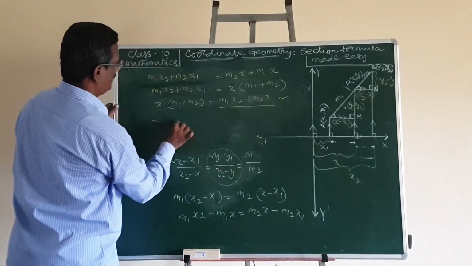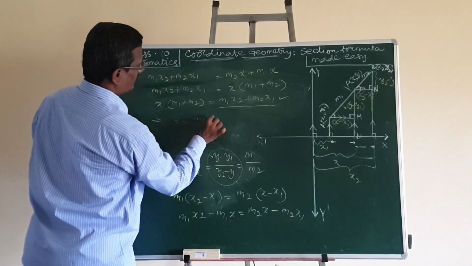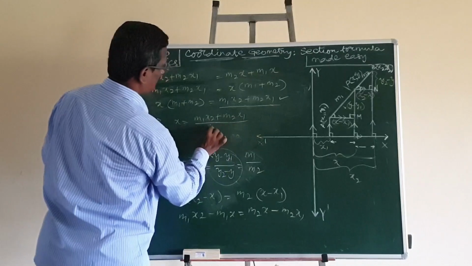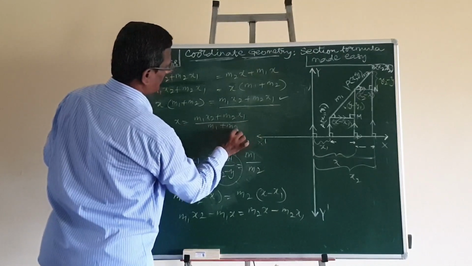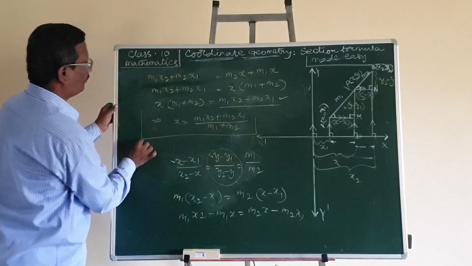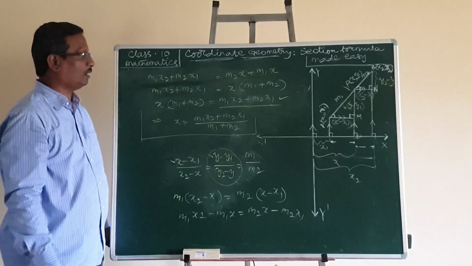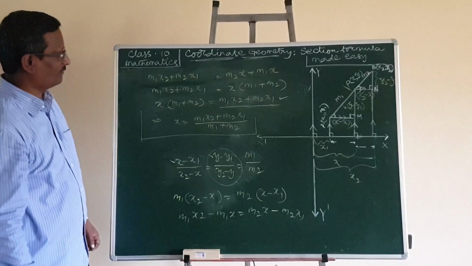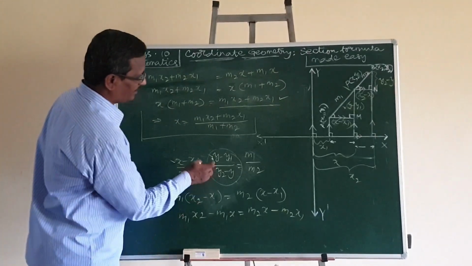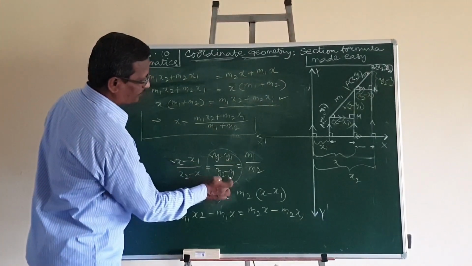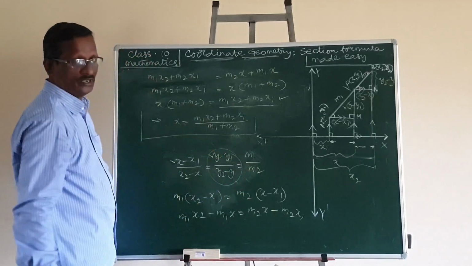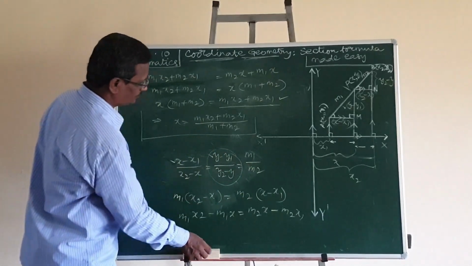Next step, x is equal to m1x2 plus m2x1 upon m1 plus m2. This is how we get the value of the x coordinate of the point. Similarly, when you go for cross multiplication between y minus y1 upon y2 minus y is equal to m1 by m2, we will get the y coordinate. For that, let us do.